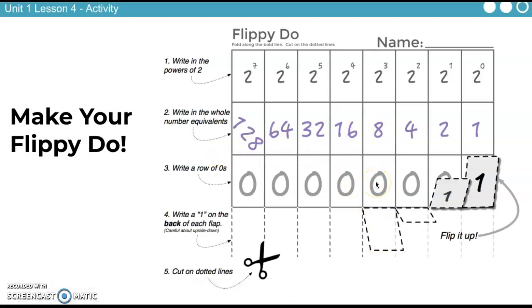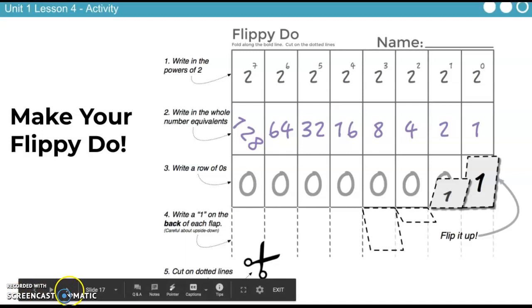How much value is left to get to 10? Well, I can't put a 1 here because that would represent 4 and that would give me 12 and that's too much. So it would be a 1, a 0, plus 2 would get me to 10. So I'm going to put a 1. I don't need any more, but I do need to put a 0 here as a placeholder. So 1, 0, 1, 0 represents 10.